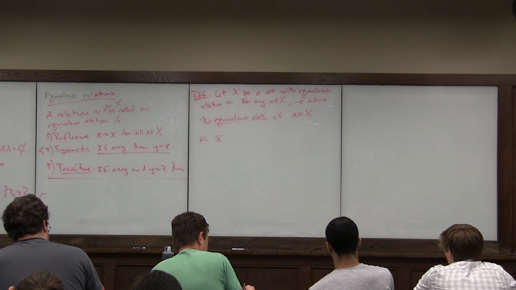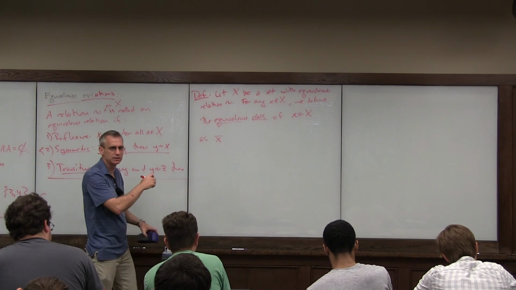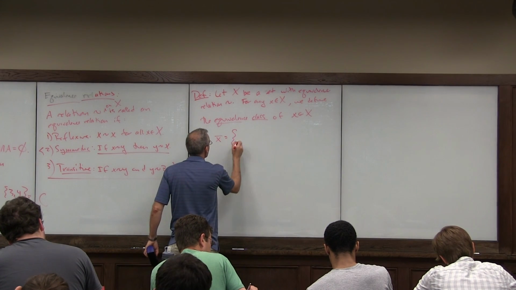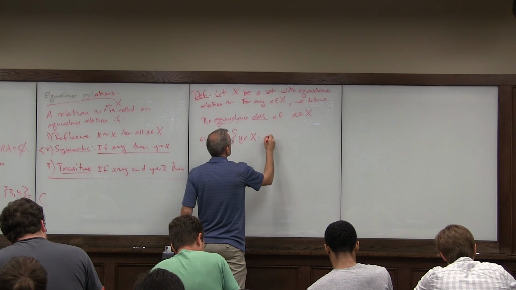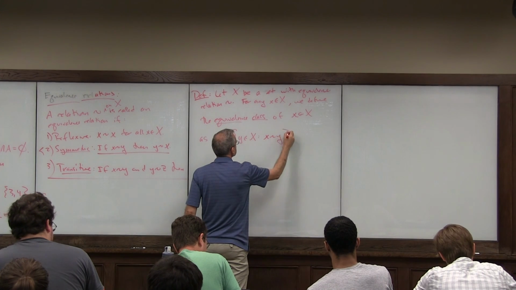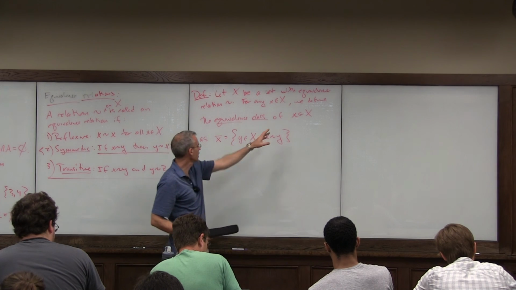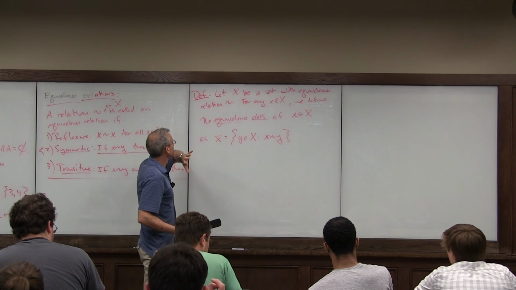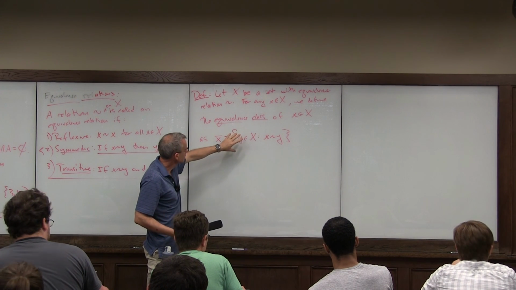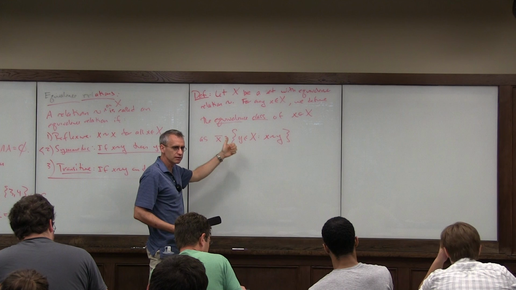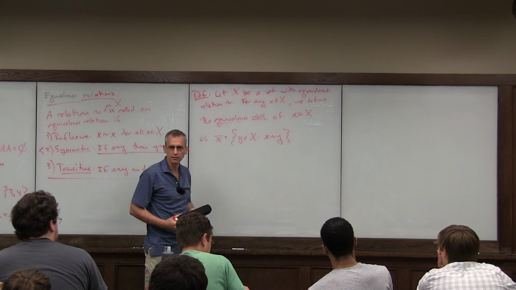It's still a little x, but even though it's a little x, x bar is a set. This is the set of all y, an element of X, such that x is related to y. So the equivalence class of this little x takes everything in X and puts it in this set if it's actually equivalent to x.